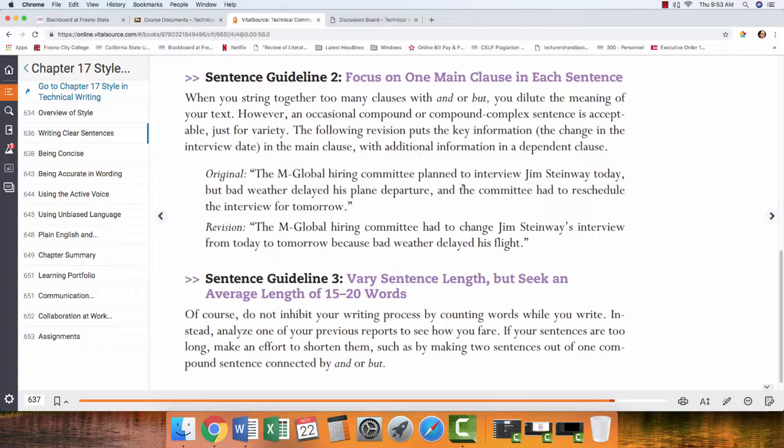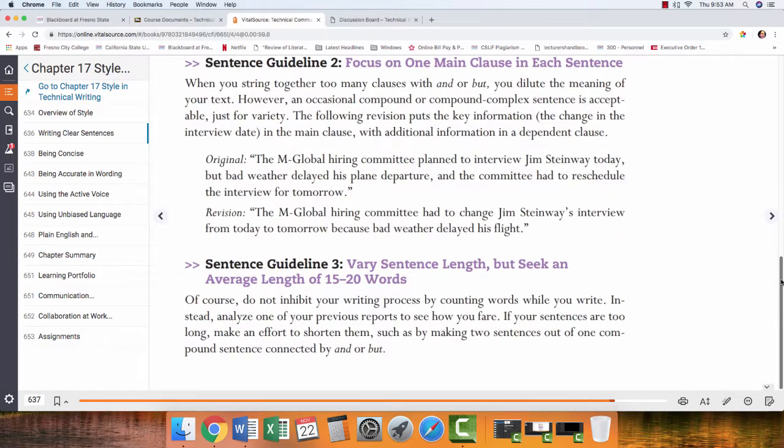You don't want readers trying to guess who is doing the planning and what they are planning and what the objective is. The objective must be very clear. So anyway, it's good to have one main clause in each sentence, and actually this one, if you get good at this, this is going to eliminate your run-on sentences. Promise. Okay. Vary your sentence length, but seek an average of 15 to 20 words.